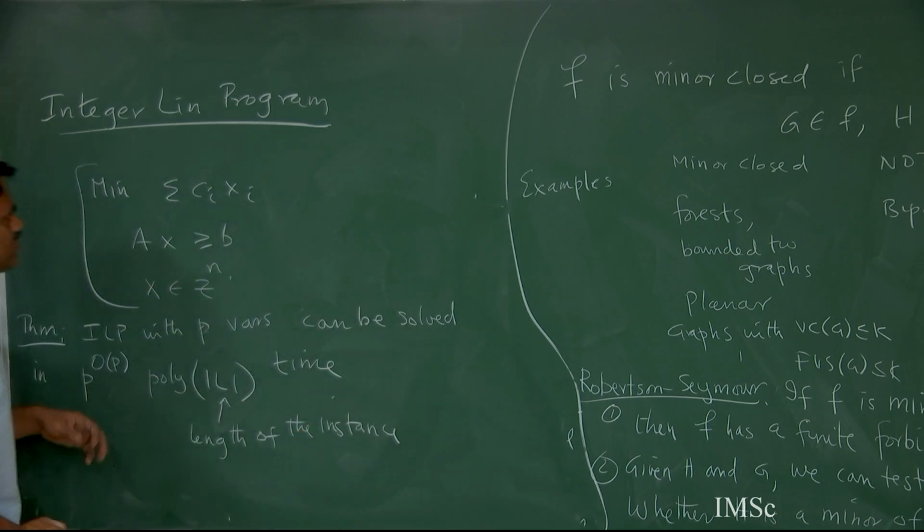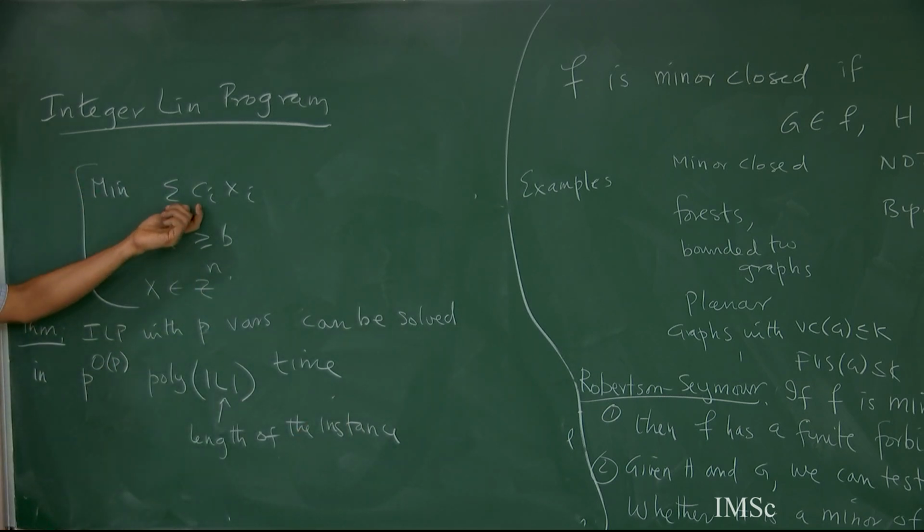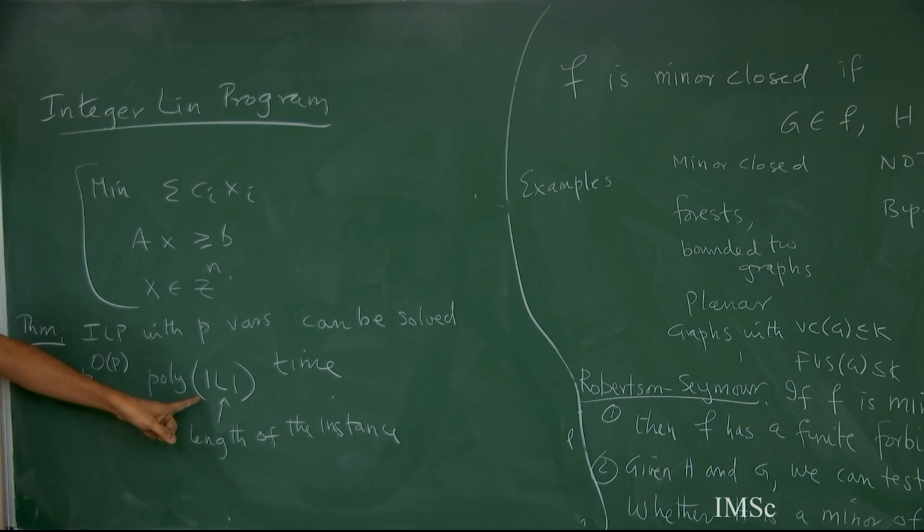To describe this entire LP, I have to write down the coefficients of the constraints, all in binary. Let's call that the length of the input. So basically there is a p power order p times some polynomial in the length of the input.